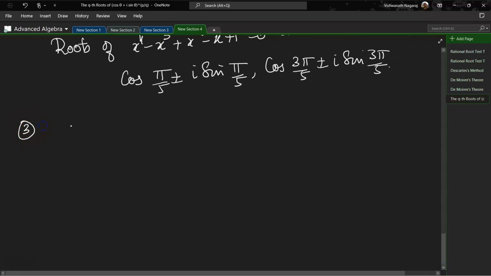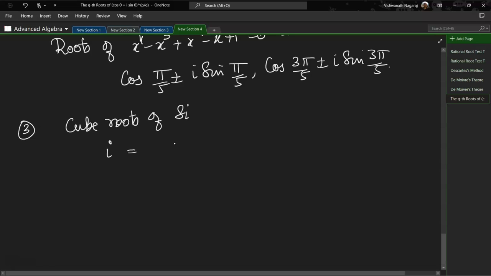Let's say third one. Let's say we have to figure out the cube roots of a certain type. What do we do? Somehow we have to write it in cos plus I sin form. So let's write this I first. This can be written with real part 0.